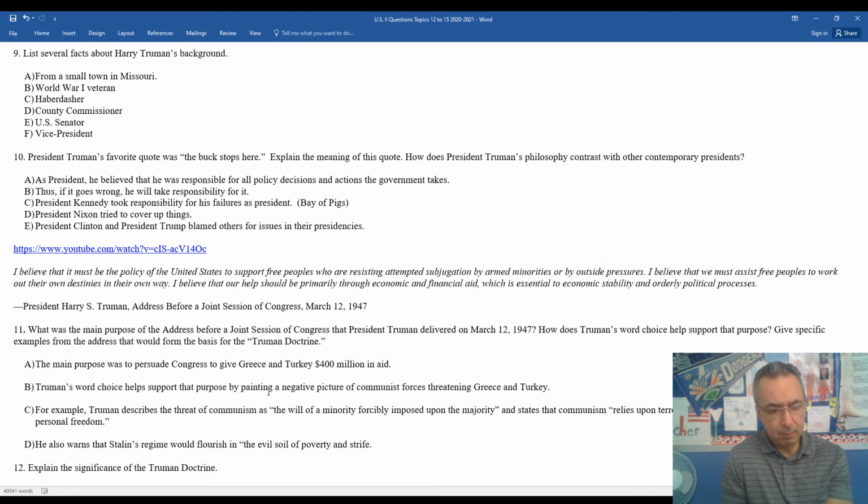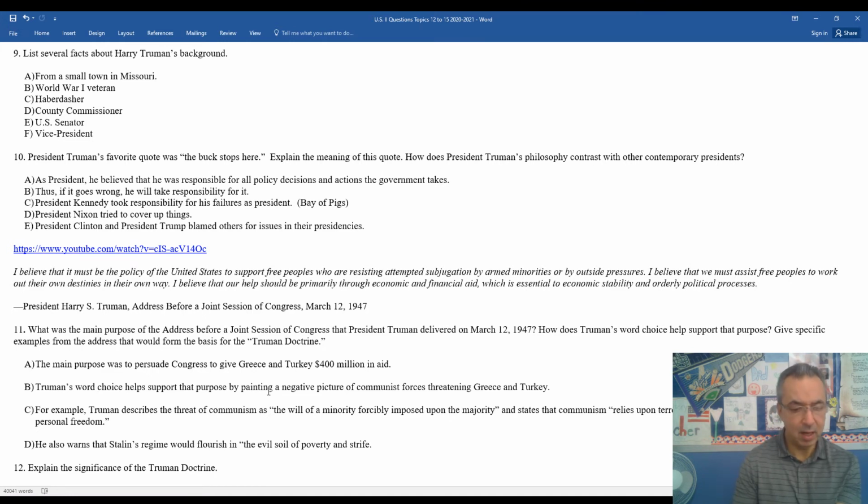So the purpose of this address was to persuade Congress to give Greece and Turkey $400 million in aid. Truman's word choices helped support this purpose by painting a negative picture of communist forces threatening Greece and Turkey. For example, Truman describes that threat of communism as the will of the minority forcibly imposed upon the majority, and states that communism relies upon terror and oppression and the suppression of personal freedoms.